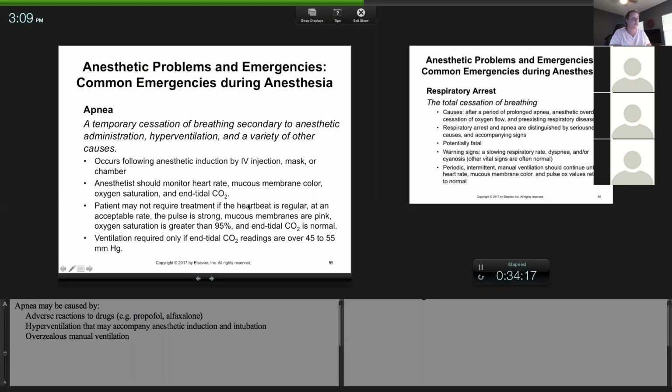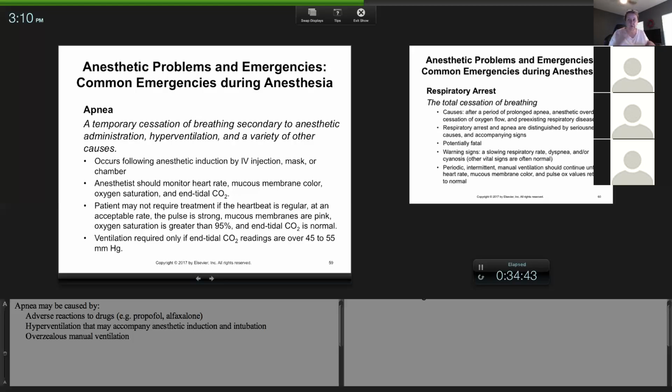now, this is very important on slide 59, this second to last sentence. Patient may not require treatment. If the heart is good, the pulse is strong, the mucous membranes are good and the saturation is 95 and the CO2 is 40. For example, when my patient is given propofol and they are apneic, most of the time all their other vitals are normal.